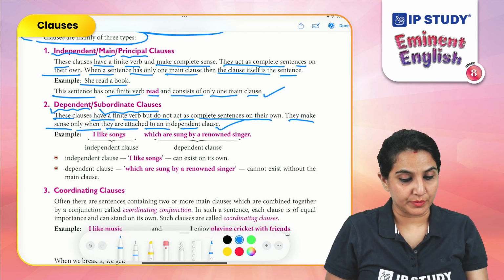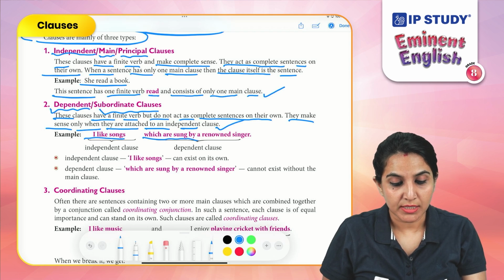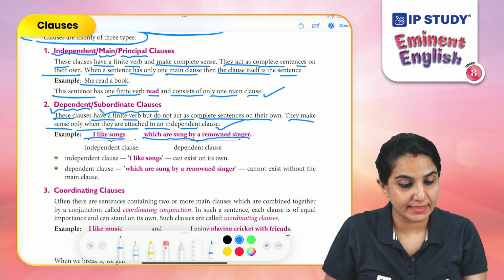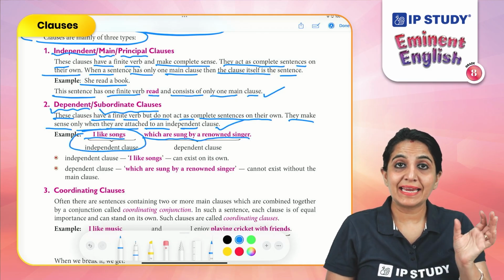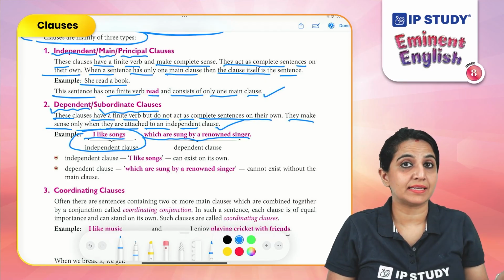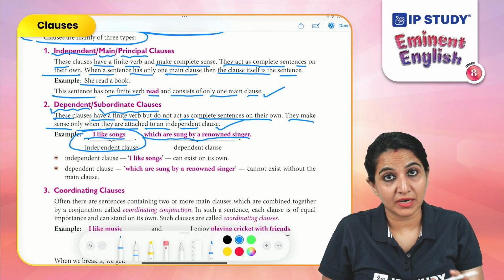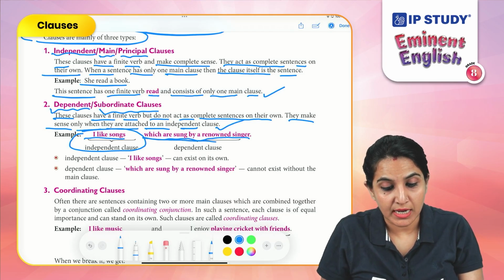For example, I like songs which are sung by a renowned singer. Now, in this sentence, I like songs is an independent clause because it has a meaning as a sentence as well, right? But the part of the sentence which is which are sung by a renowned singer.